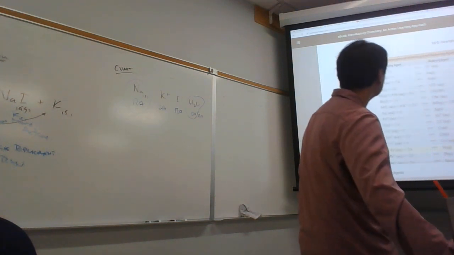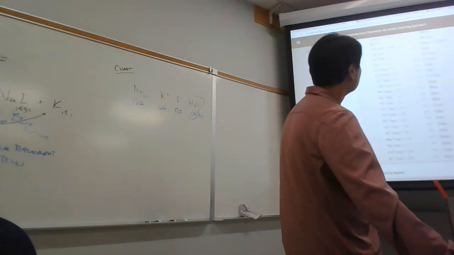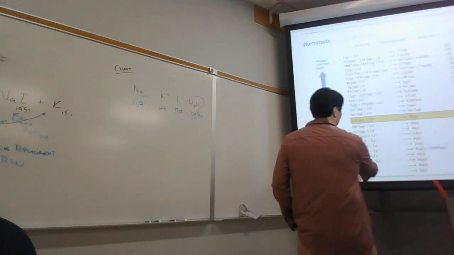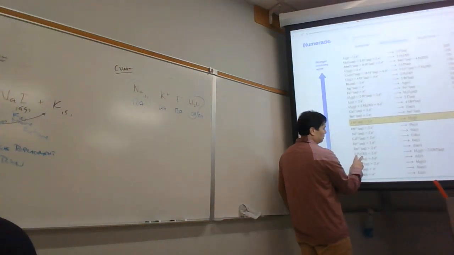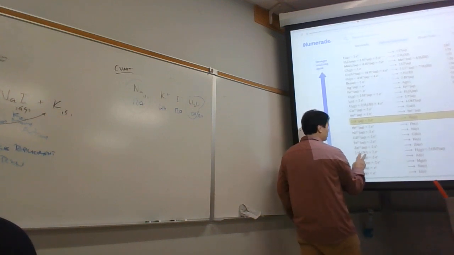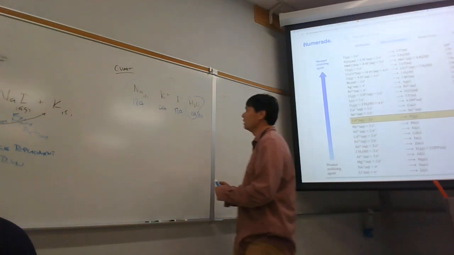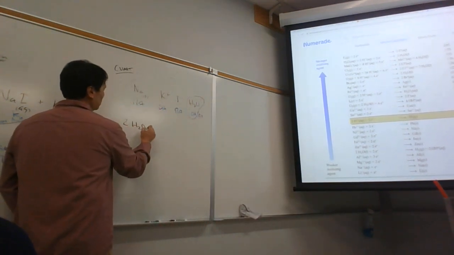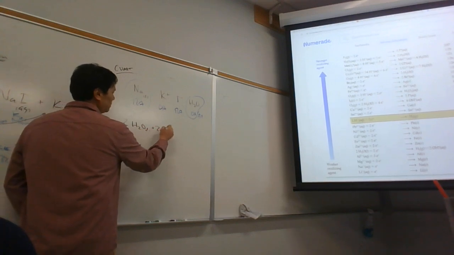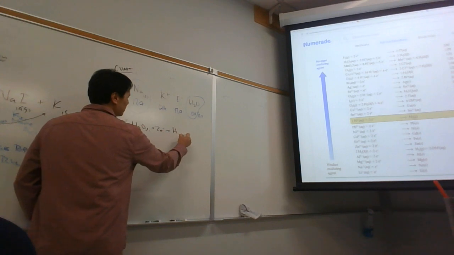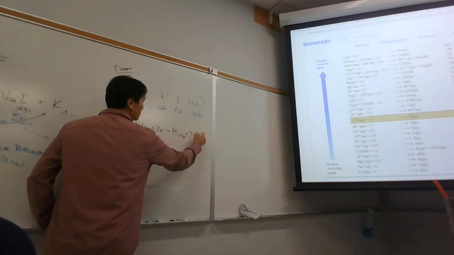Let me go back to the other chart, which is kind of nice here. If we go back to the other chart, we have water as the reactant. Water is going to be the oxidizer, and it takes 2 electrons. So 2 waters takes 2 electrons to form hydrogen gas plus 2 hydroxides.